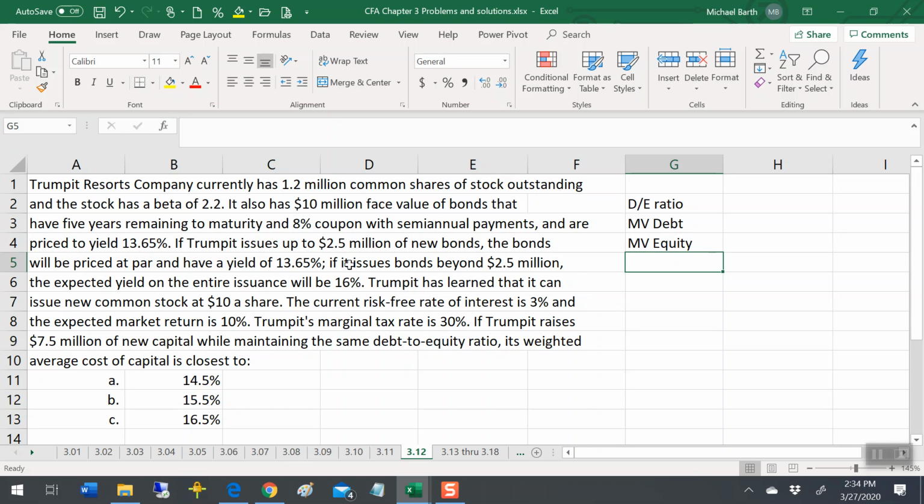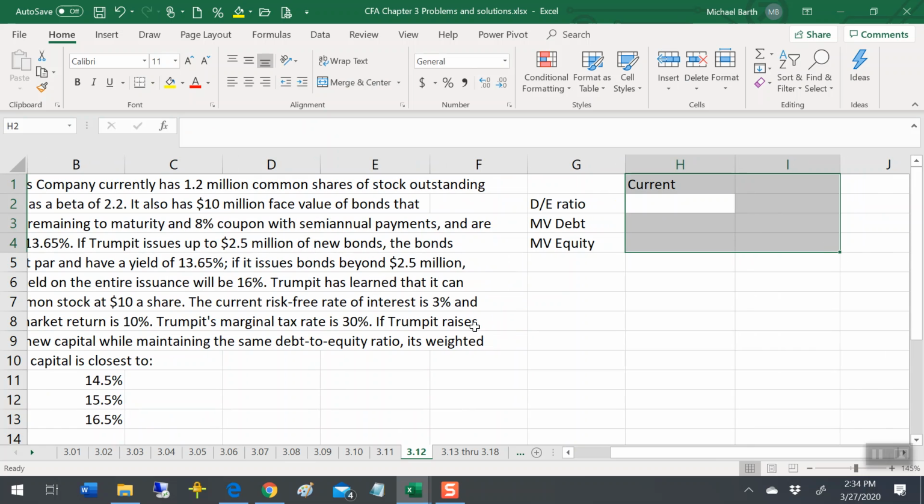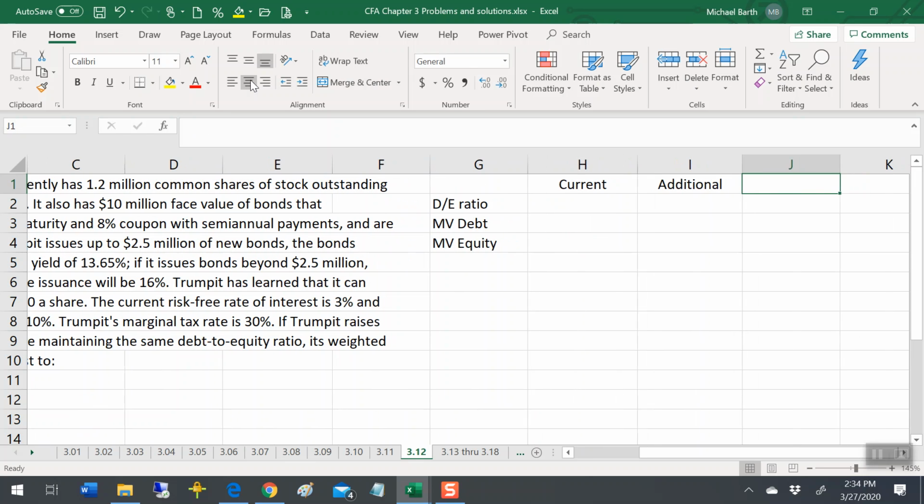All right, but I need to know how much new capital they're going to raise, how much capital they currently have, so current, and then additional, and then the new capital structure.